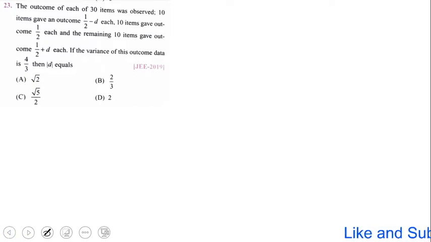If the variance of this outcome data is 4/3, then |d|, that is mod d, equals what? So, positive information, we have to note it down here.